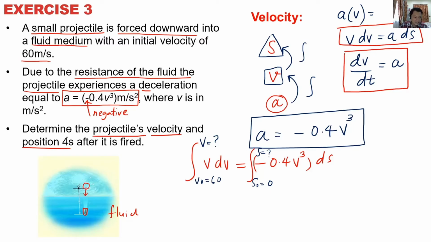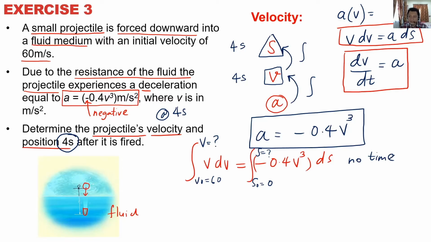And the question is trying to let you know the position after 4 seconds. So you need to find the velocity at 4 seconds and the position at 4 seconds. So what happens at 4 seconds? There's no way that you can plug in time here. So no time. So maybe we cannot solve using this one.